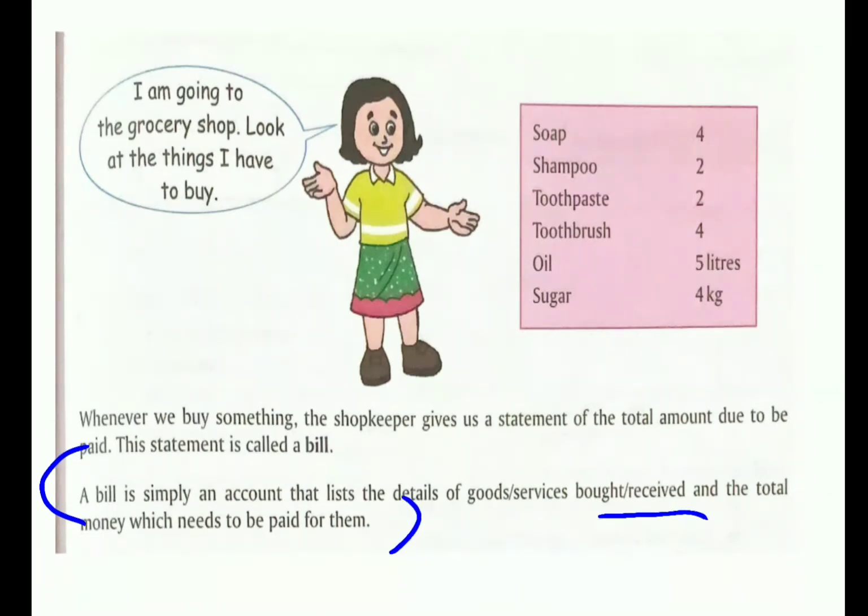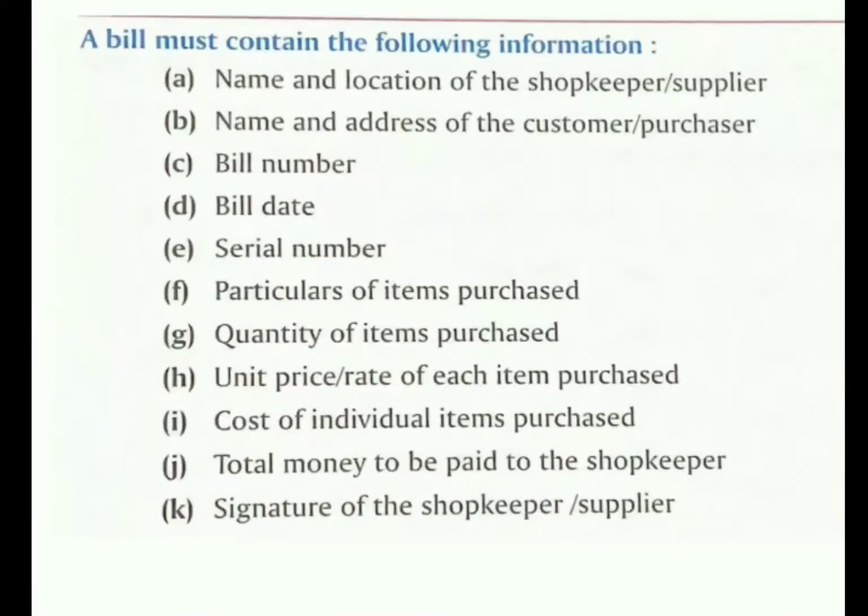Clear? Now, there are some details which a bill must have. First thing is the name and location of the shopkeeper and the supplier. It means on the bill, the shopkeeper's name and address should be written. After that, the name and address of the customer should be written. Then the bill number should be there, the bill date should be there, even the serial number should be mentioned.